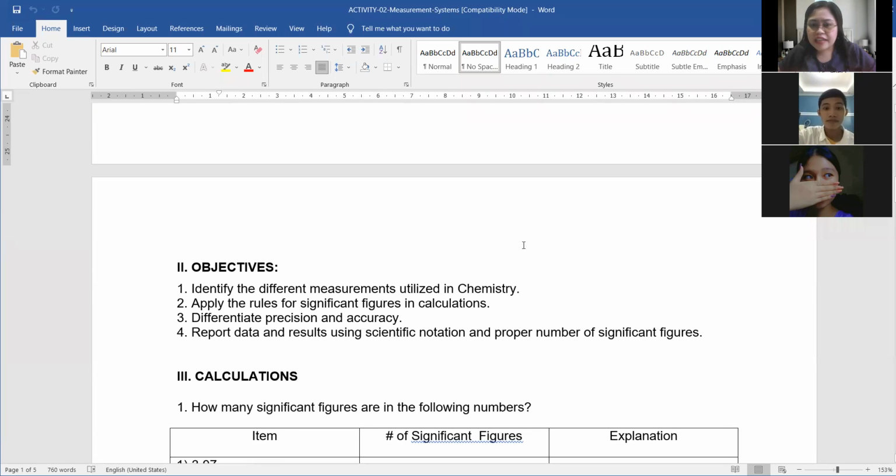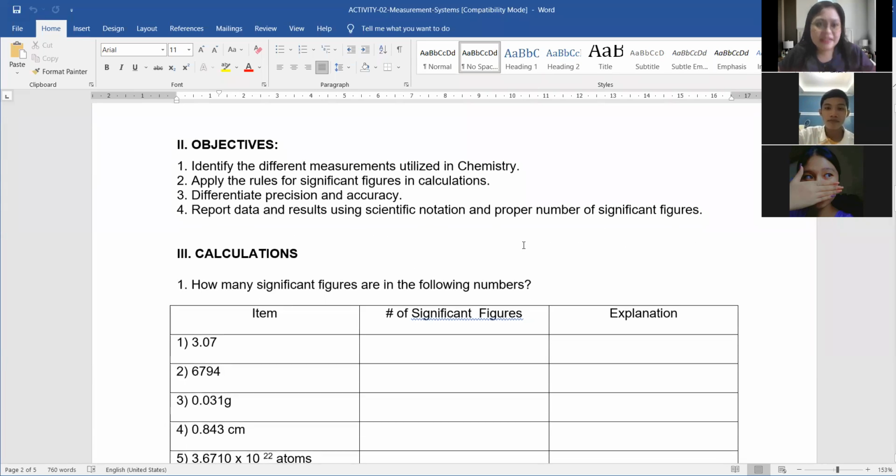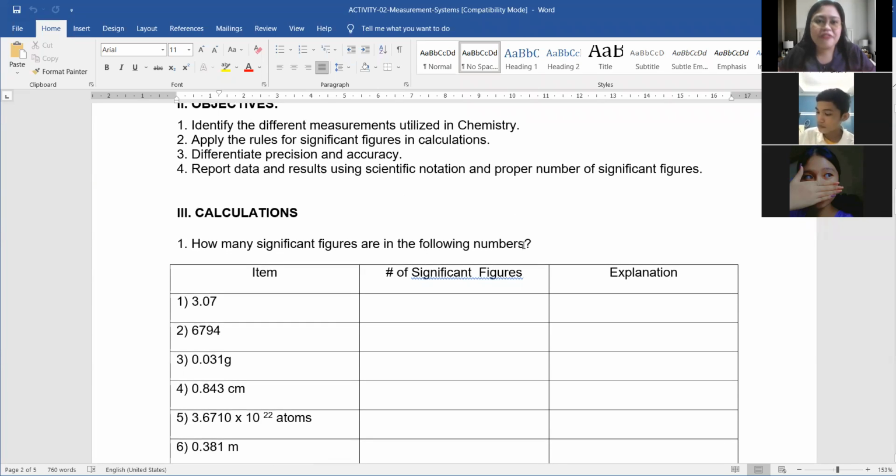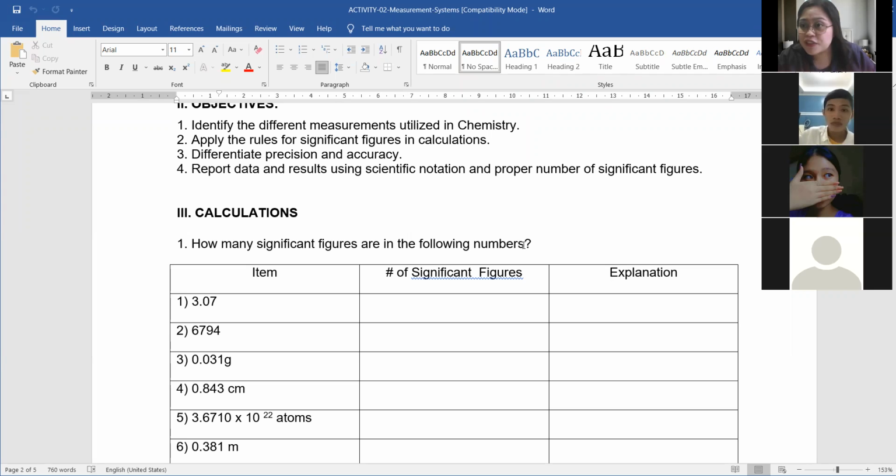So for the objectives of this activity, you have to identify the different measurements utilized in chemistry, and apply the rules for significant figures in calculations. So ang research ninyo na task for today is to research the rules for significant figures.